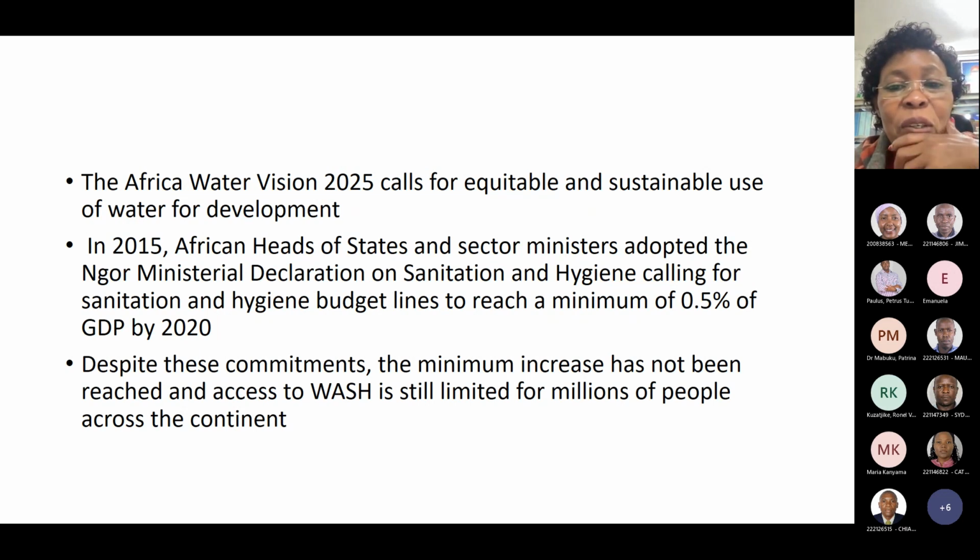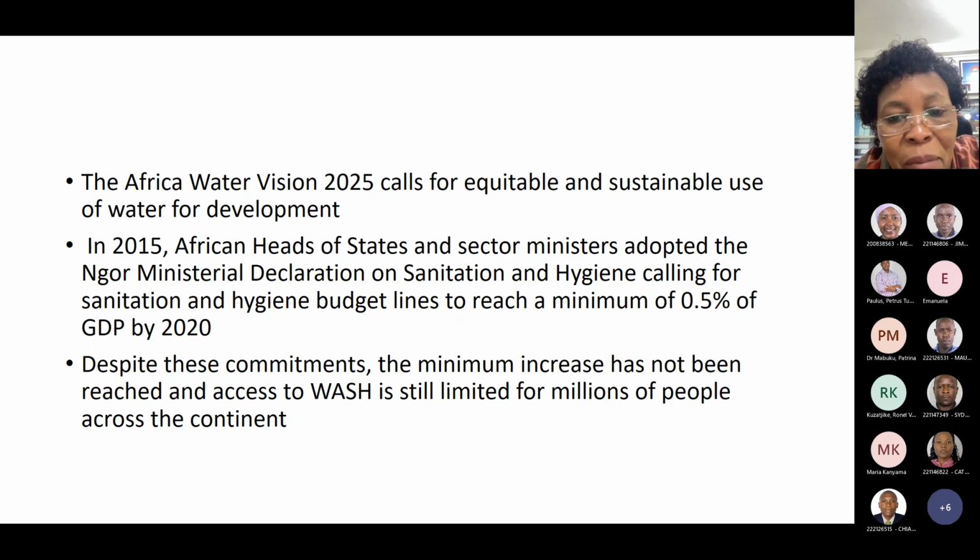The Africa Water Vision calls for equitable and sustainable use of water for development. In 2015, African heads of state and sectoral ministers adopted the Ngor Ministerial Declaration on Sanitation and Hygiene, of course, as I said earlier on, calling for sanitation and hygiene budget lines to reach a minimum of 0.5% of GDP by 2020.